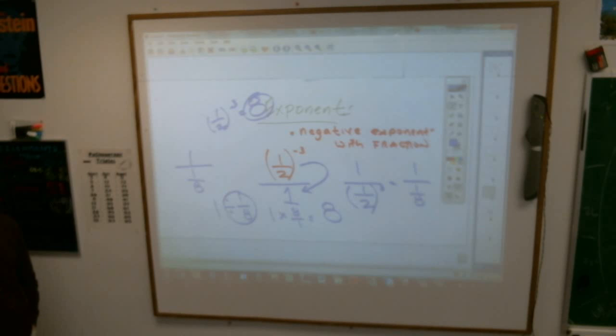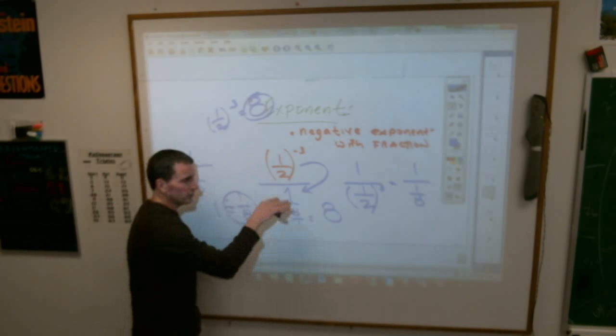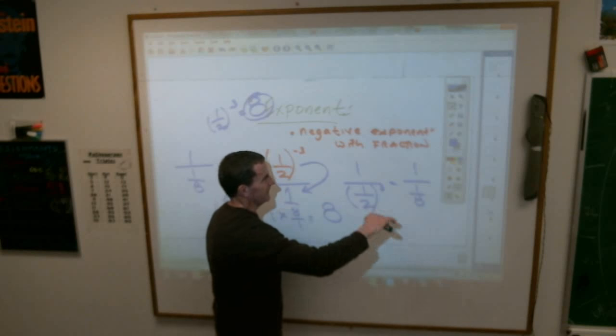Now, you can do that every time you come up with a negative exponent, or here is the simple little math thing. When all the smoke clears, you don't have to do any of that stuff.